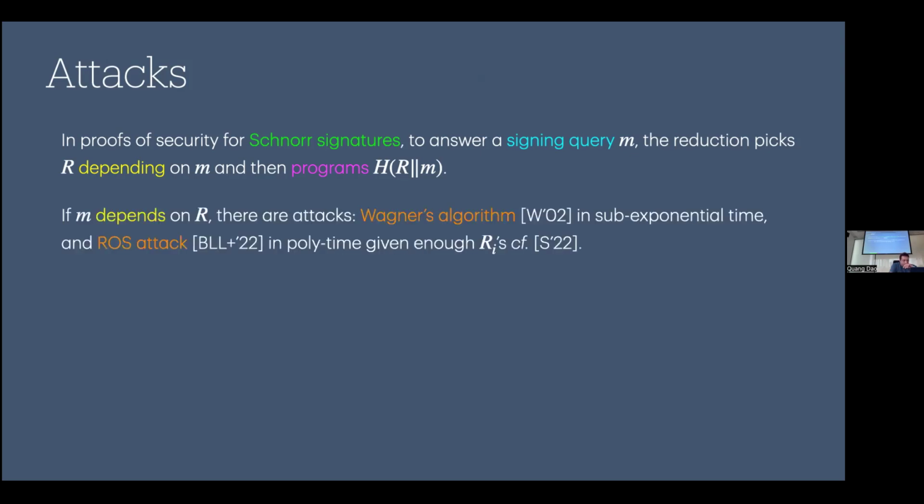The problem is that in the threshold setting, you can't pick R dependent on M, because M is picked first.